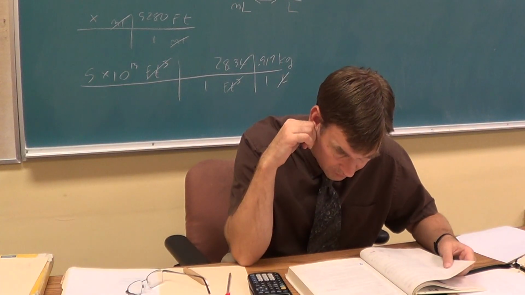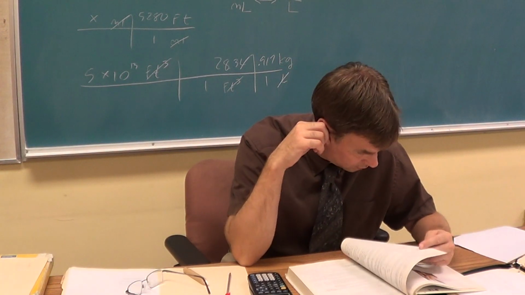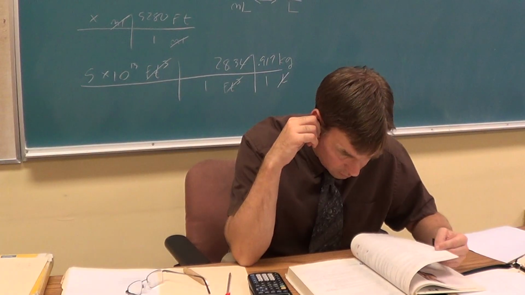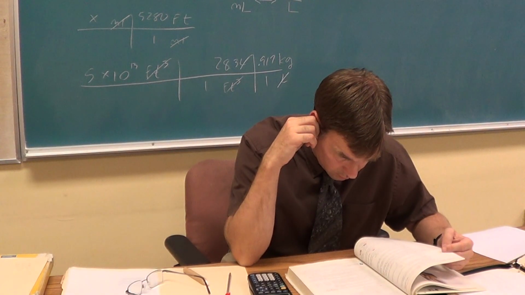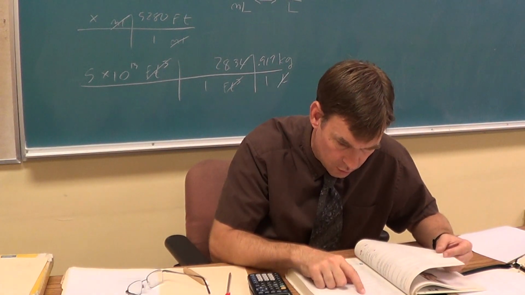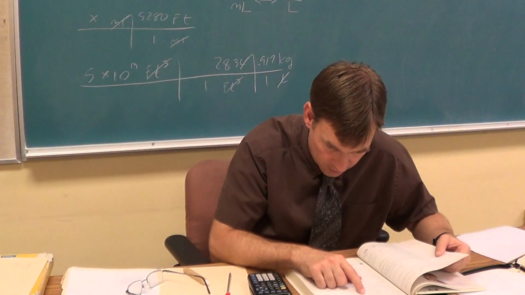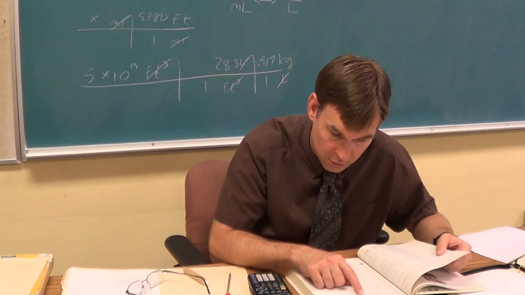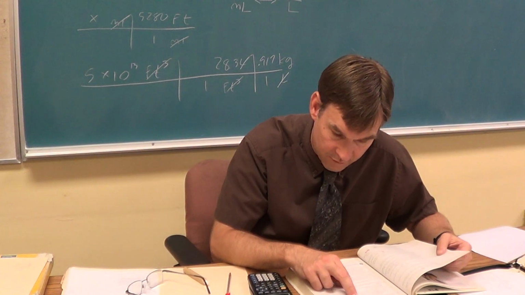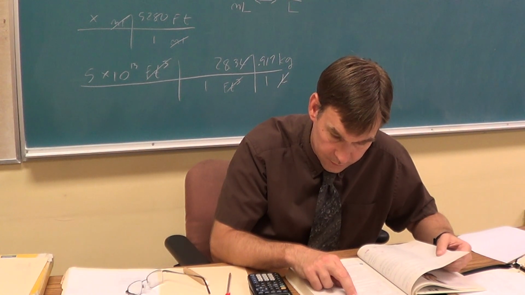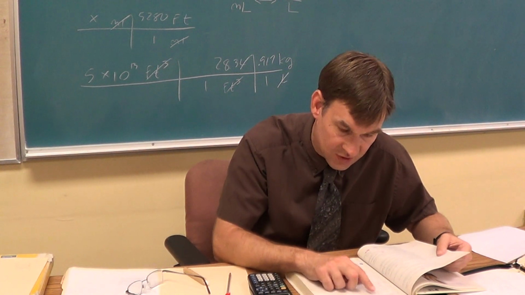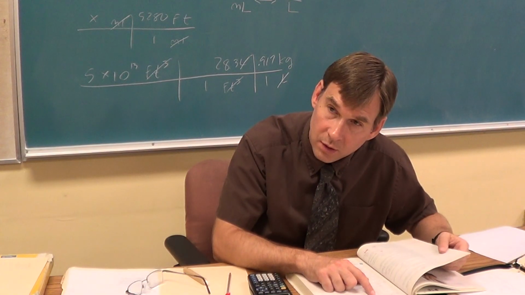Yeah. So something like, yeah, like those first two, they want liters, but they're giving you grams. So the grams have to be converted to kilograms. How do I know what they're asking? It says calculate the volume in liters. Oh. See it? Yeah.